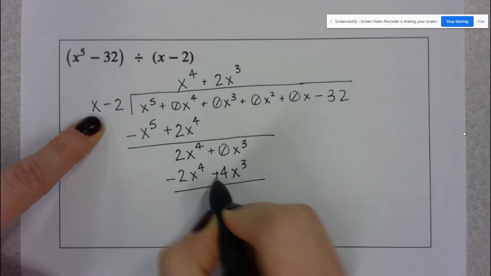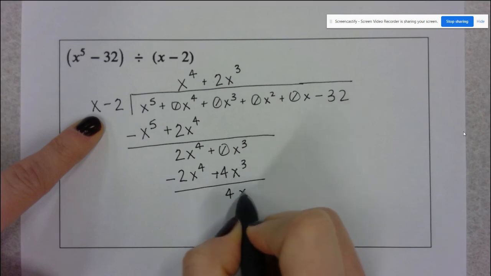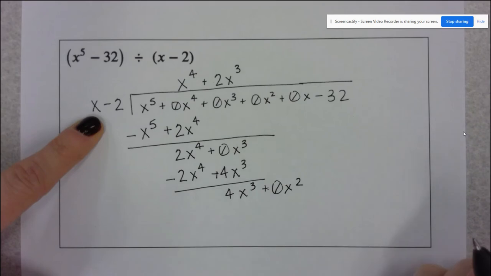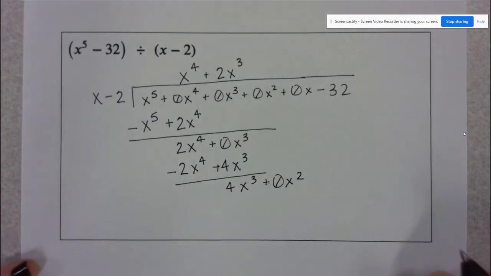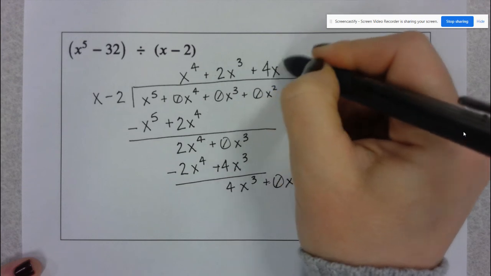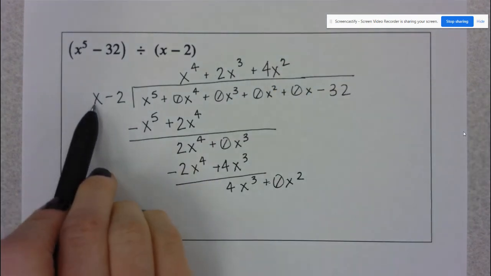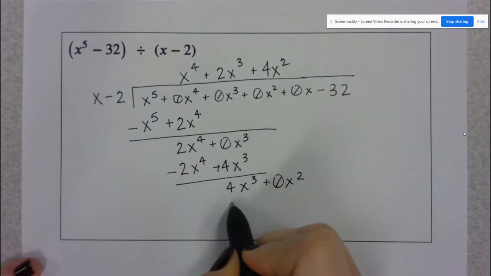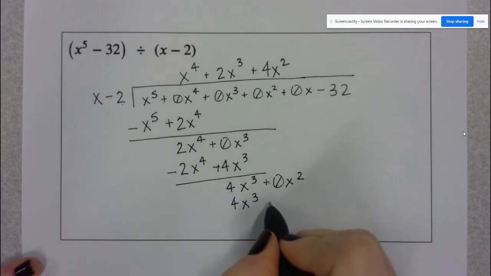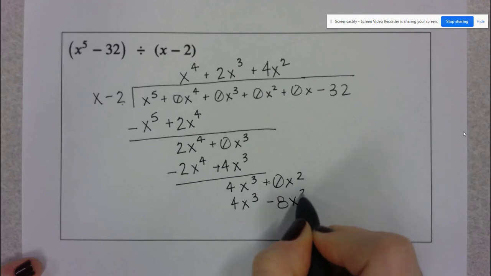Subtracting both of those gives me 4x cubed plus 0x squared, bringing down my next term. So I'm going to need 4x squared in order to multiply this first term to get 4x cubed. So I'm going to have 4x cubed, and then 4 times negative 2 gives me negative 8x squared.